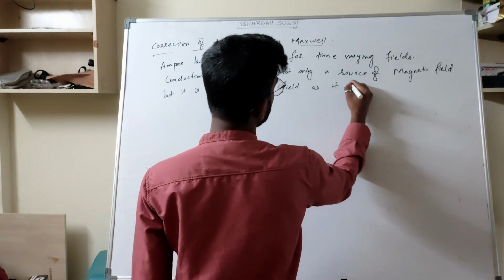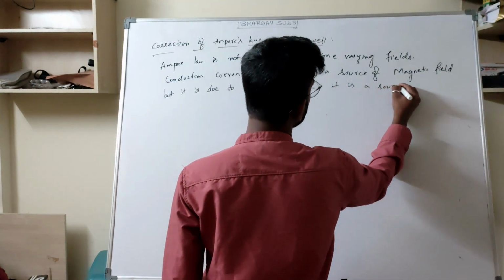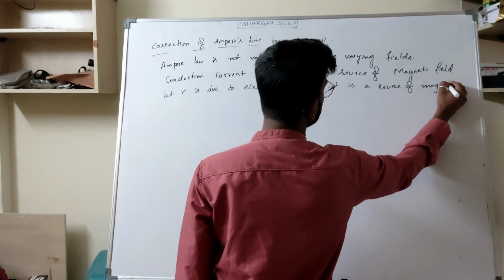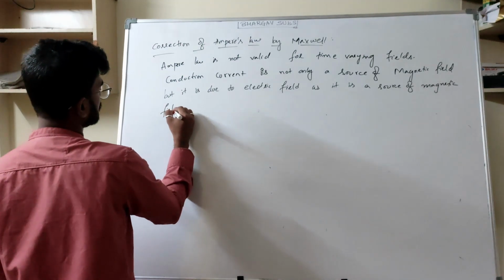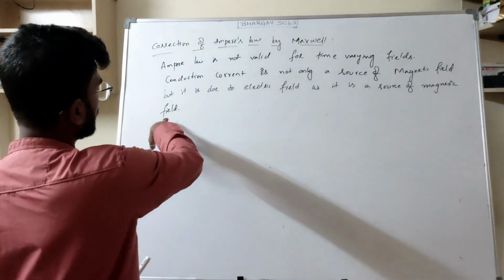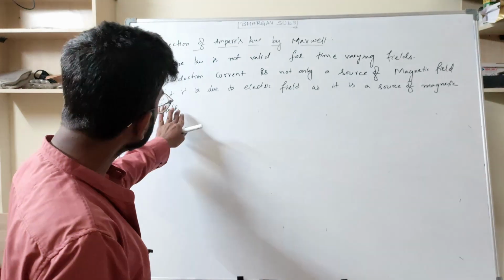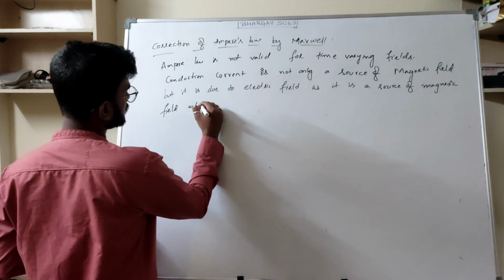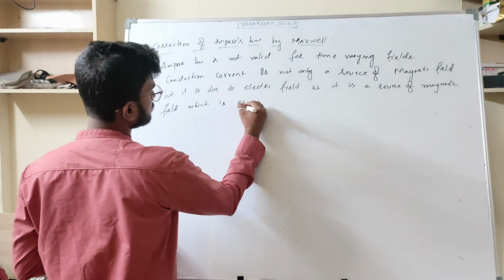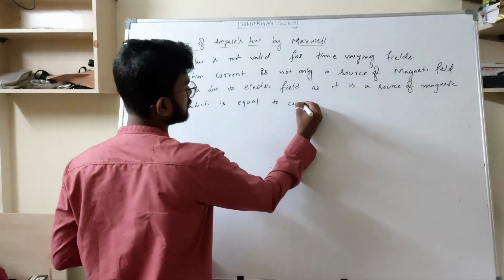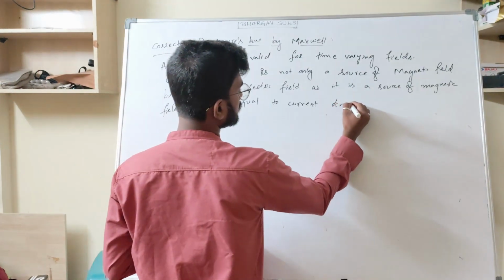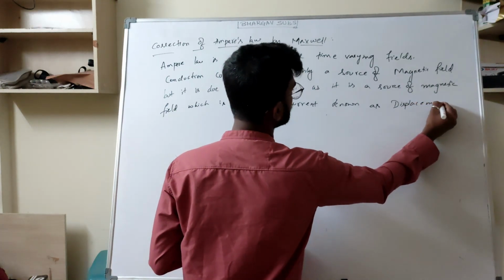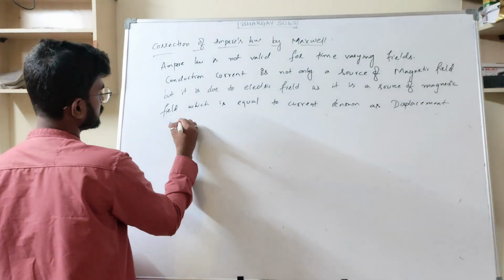As it is a source of magnetic field, it is also equal to the current which is known as displacement current.